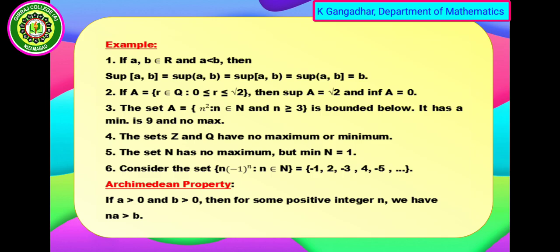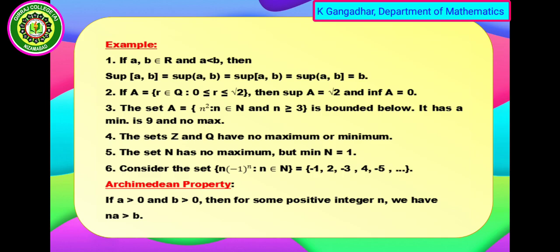In that set the least value is 0 and the highest value is root 2. The least value is called the minimum or infimum, and the highest value is called the maximum or supremum. So the supremum of A is root 2 and the infimum of A is 0.